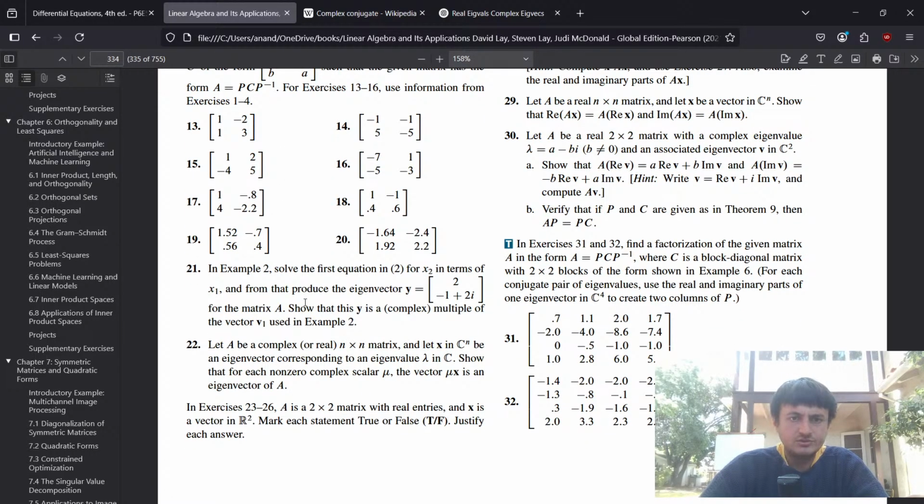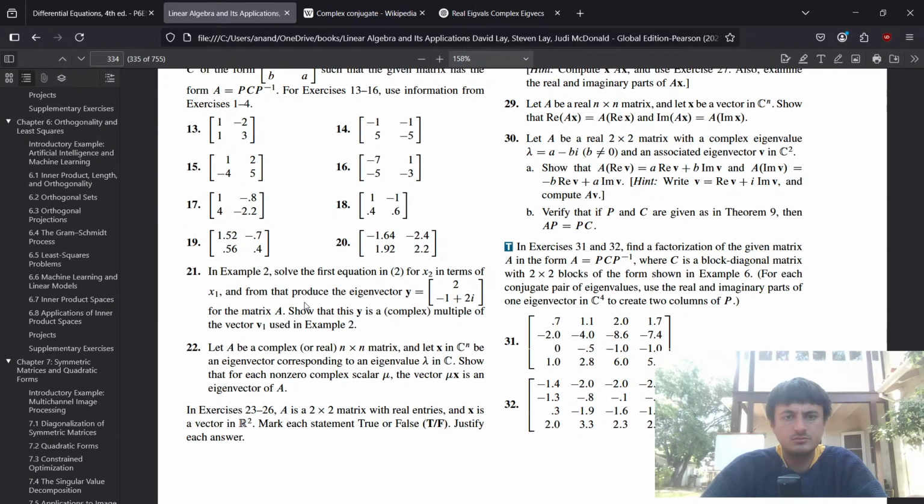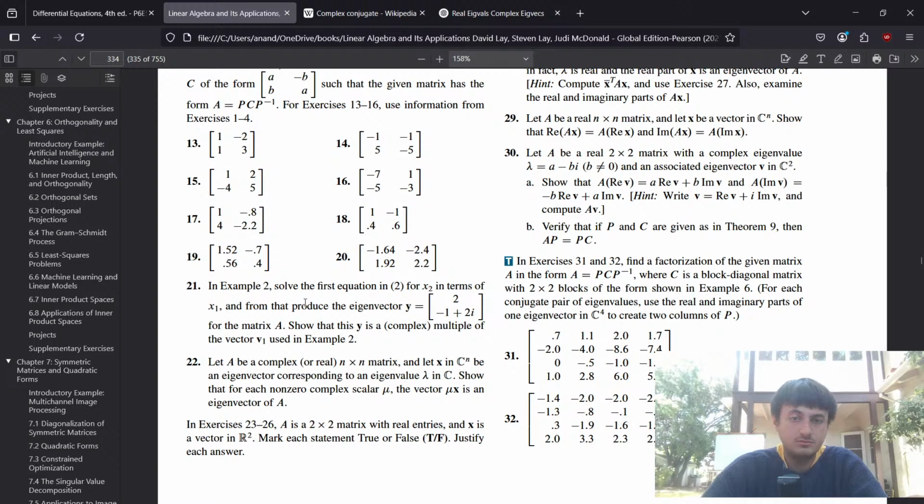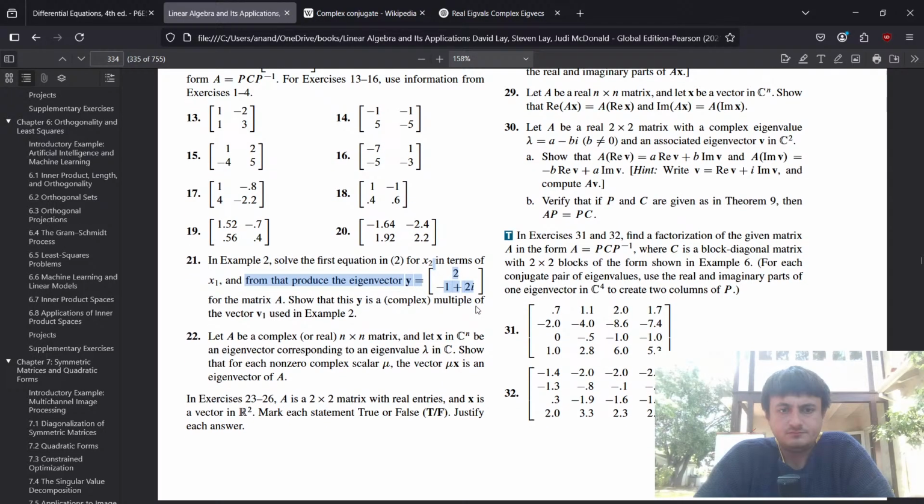Use the example to solve the first equation in 2 for x2 in terms of x1, and from that produce the eigenvector y. Oh yeah, show that this is a complex multiple.